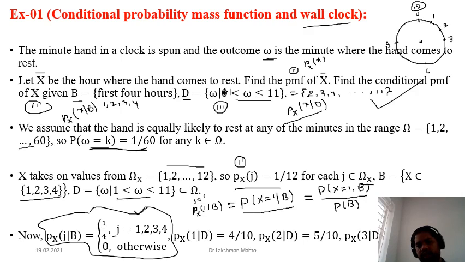Shirsagar, are you getting it now? Are you able to see the value of this conditional probability mass function? If you are able to see this, just calculate this probability. What would be the value of this probability?